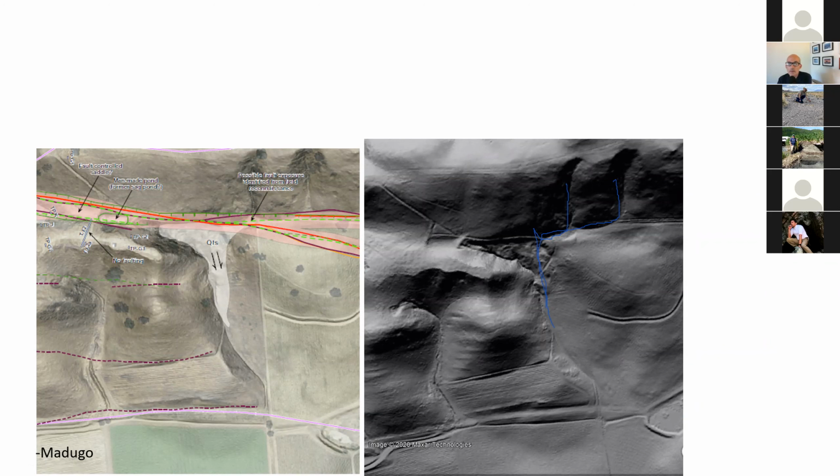The point I wanted to make here, zooming in, is that this was a fault study that was done for us. In contrast to what you're doing, where you're just mapping yourself and not using previous people's mapping, you have just one line delineating the fault. But this is showing all previous studies.